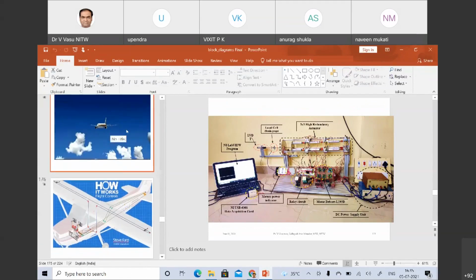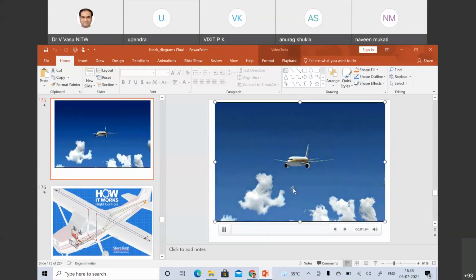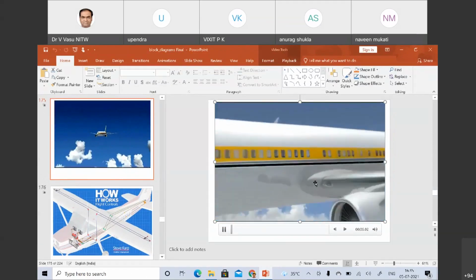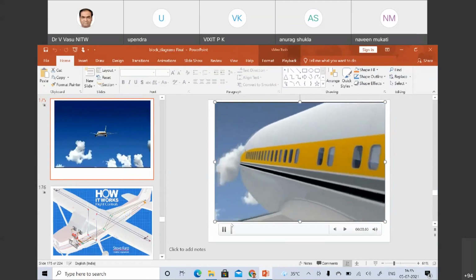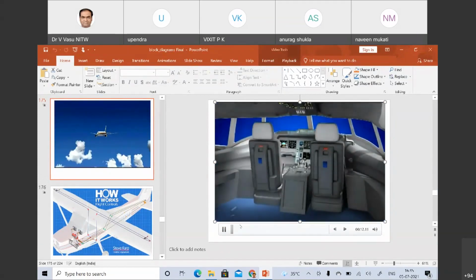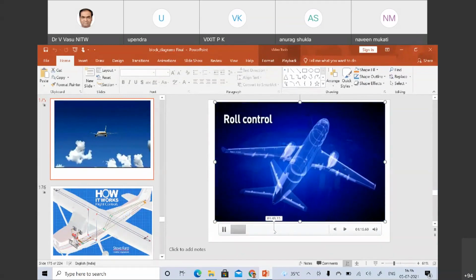Here, if you see this flight control, if the flight has to be controlled, different actuators are used. These actuators are mainly used for different movements of the wings and so on. If you want roll control, these are the different actuators, and the wheels have to be moved.